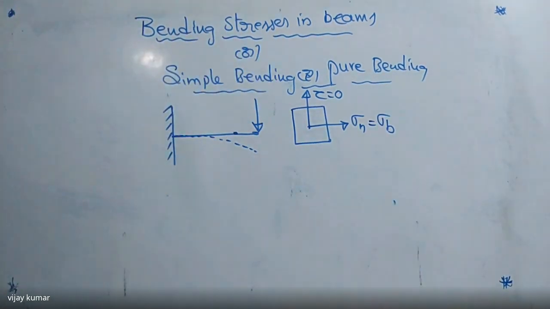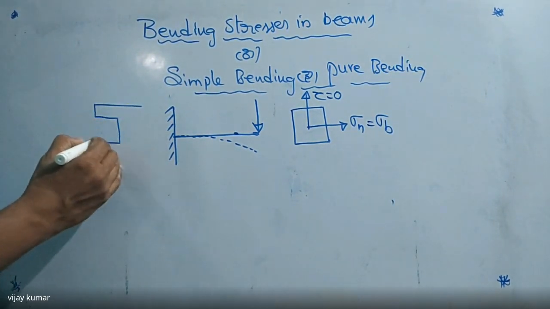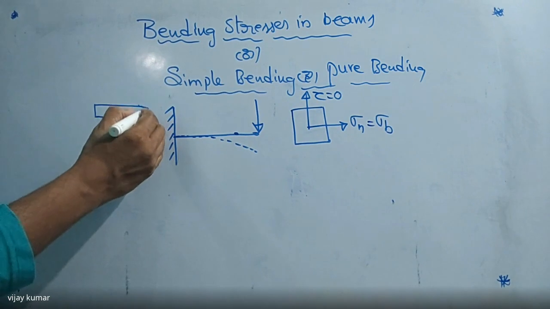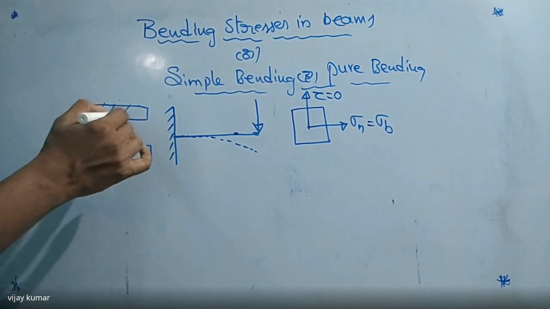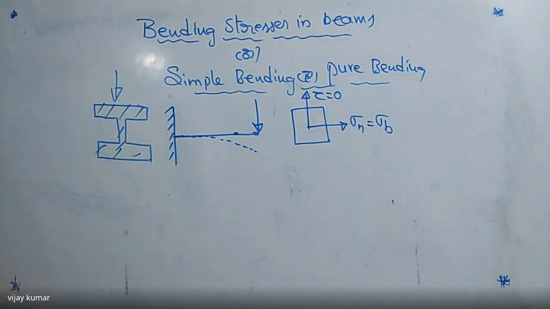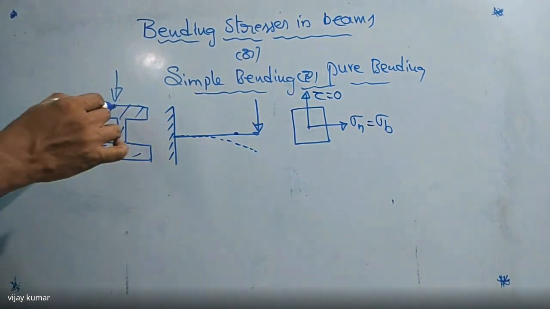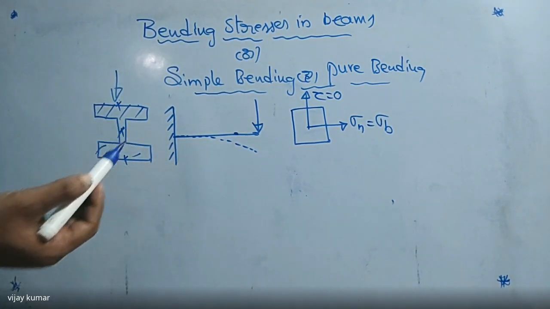For example, if you take this as the cross section of the beam, in the form of an I section. When you apply the load here, I want to find where the stress is maximum, at this point or this point or this point.